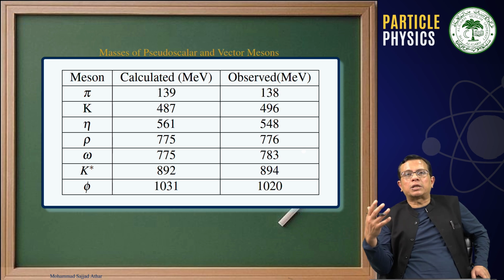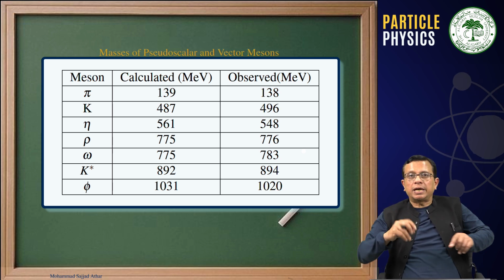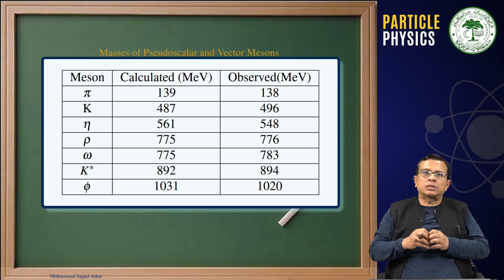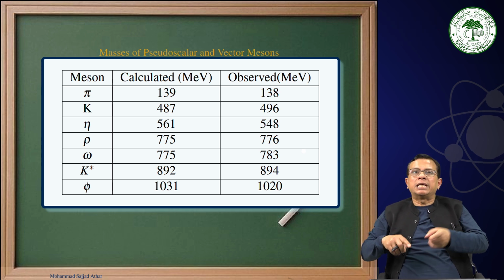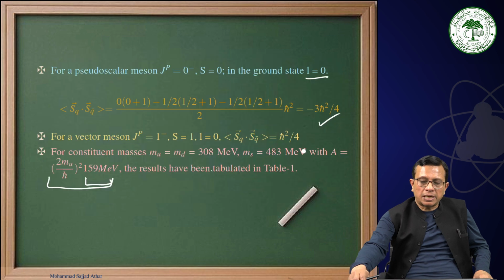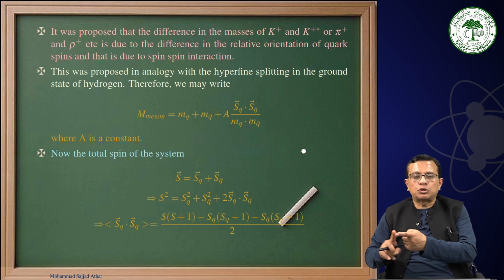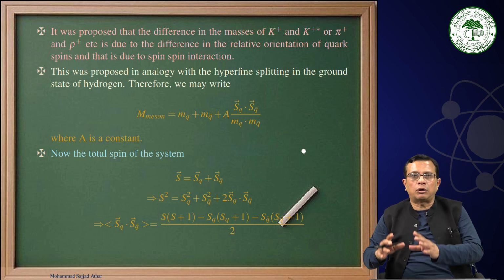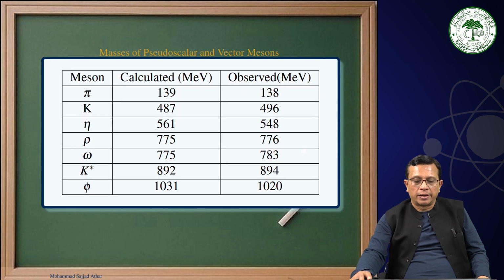Similarly, when we talk about the masses of baryons, there will be 3 quarks, and therefore spin-spin interaction between 1 and 2, 1 and 3 and 2 and 3. So this S that we spoke about will be S1 plus S2 plus S3, and that is why you will have expectation values of S1 dot S2, S1 dot S3 and S2 dot S3.